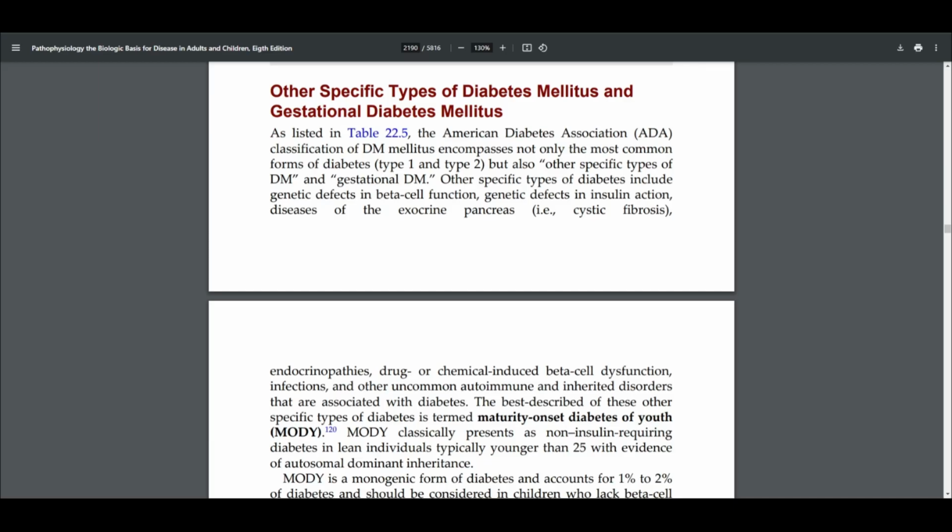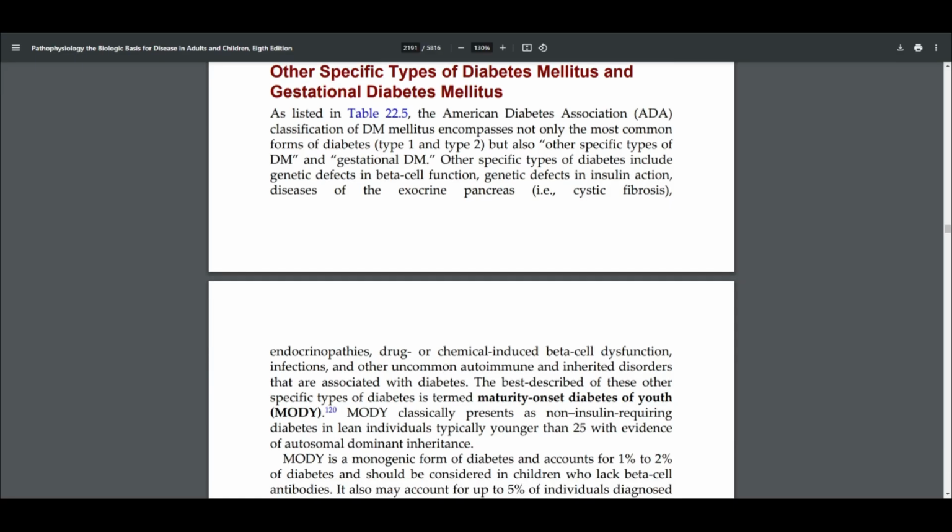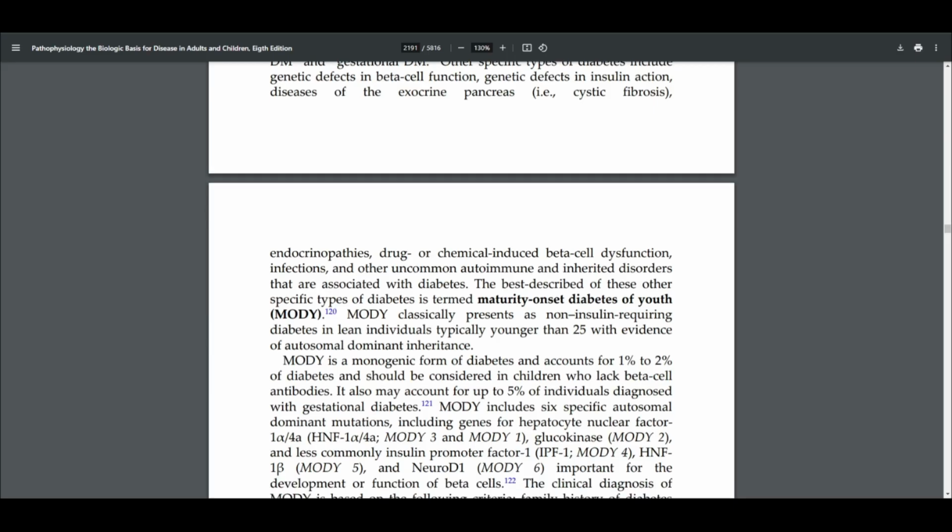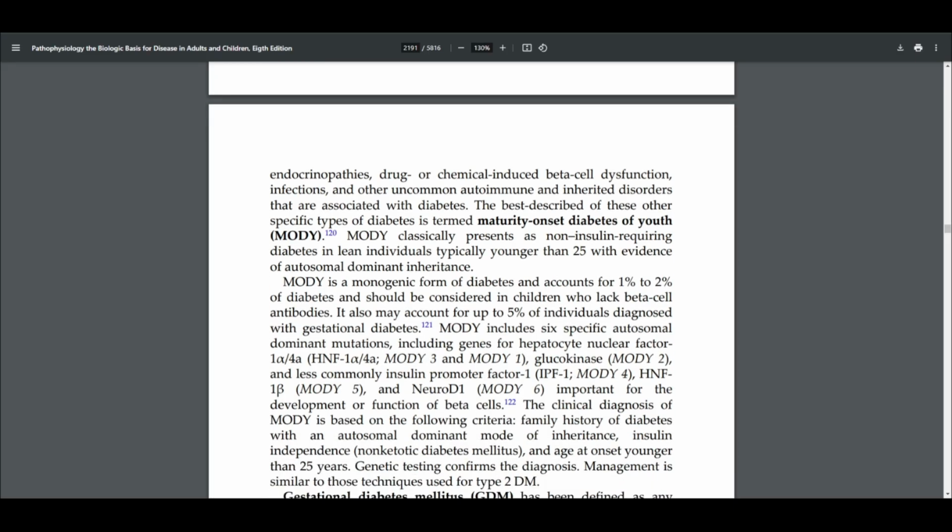The other specific types of diabetes include genetic defects in beta cell function, genetic defects in insulin action, diseases of the exocrine pancreas, like cystic fibrosis, endocrinopathies, drug or chemically induced beta cell dysfunction, infections, and other uncommon autoimmune or inherited disorders that are associated with diabetes.